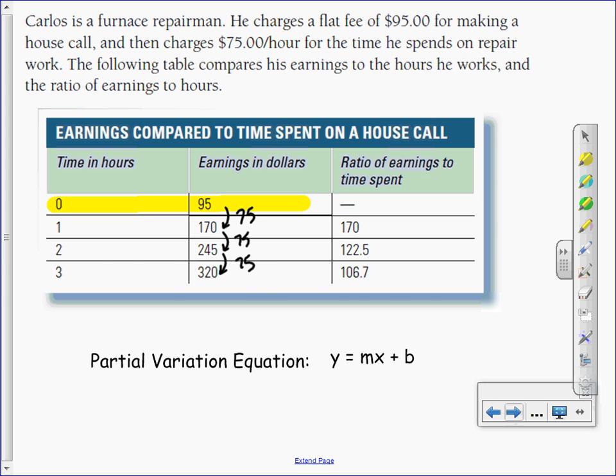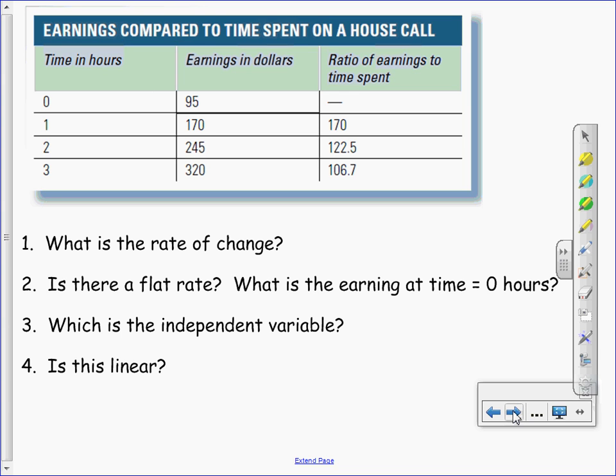What we can do then is relate this relationship to the rate of change and then to an equation. Again, we see the increase here is a constant $75. And just as a side note, as the time goes on, your amount per hour decreases simply because you're not making that $95 every hour.